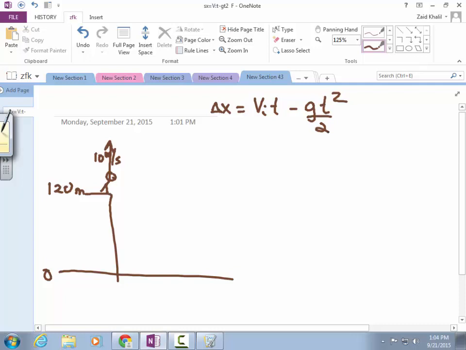And I'll even throw you a bone: g is 10. So, what's VI? 10. What's delta x? Since that changes to meters per second, the acceleration of gravity is 10 meters per second squared.